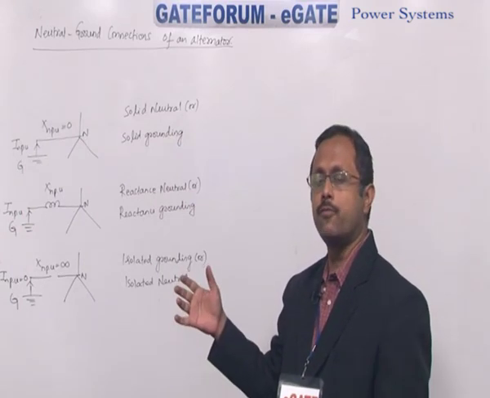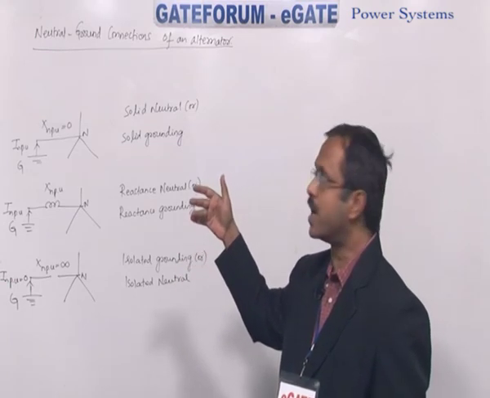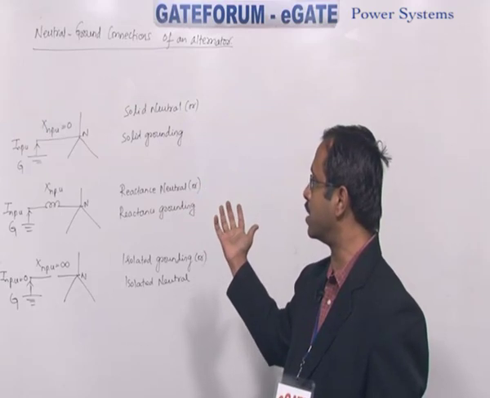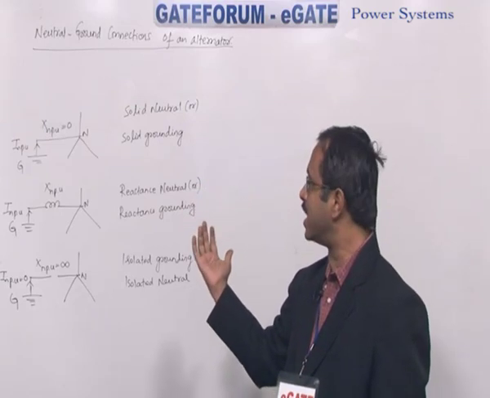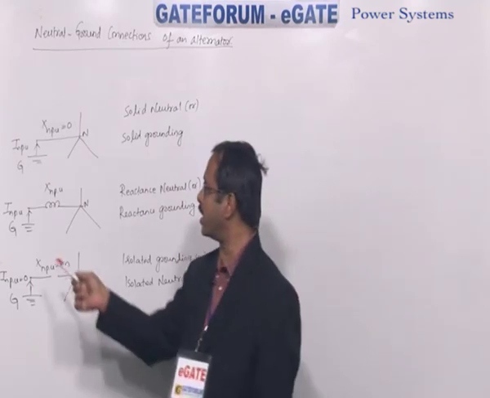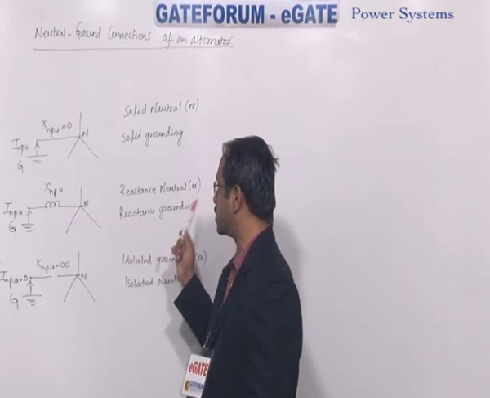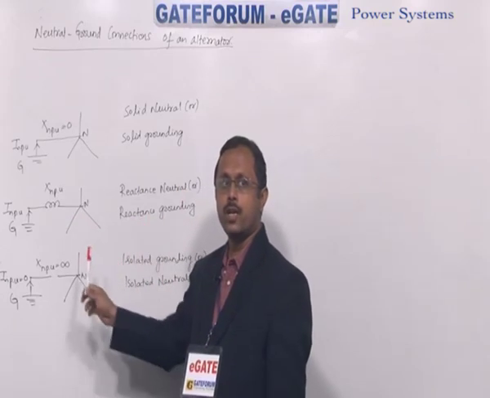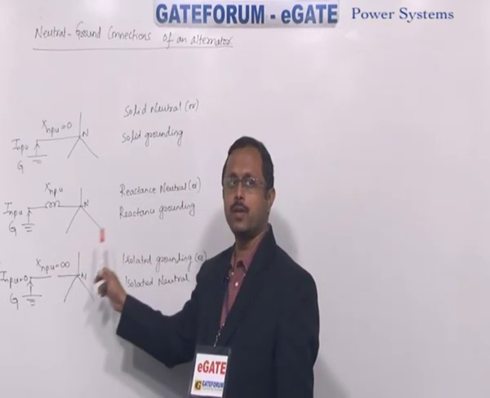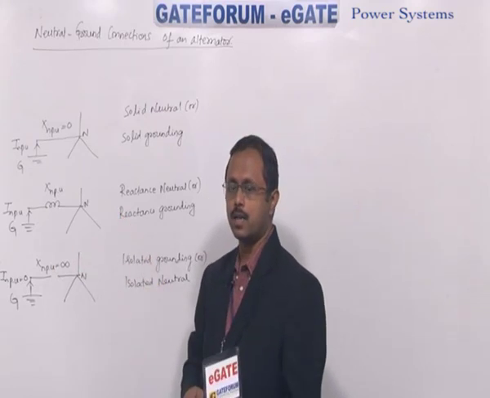So the neutral current flows from ground to neutral without any reactance: solid neutral or solid grounding. With a reactance Xn per unit connected between ground and neutral, we say reactance neutral or reactance grounding. When ground is isolated from the neutral, we say isolated neutral or isolated grounding.